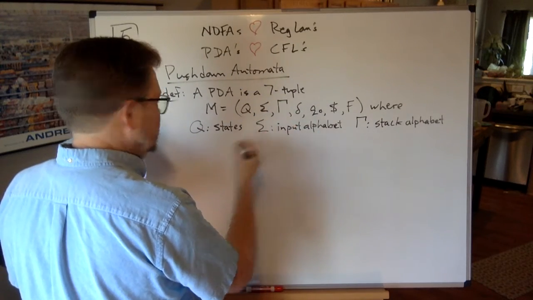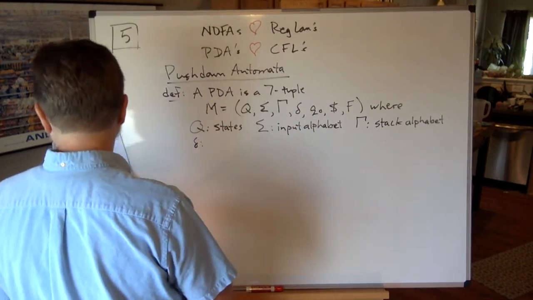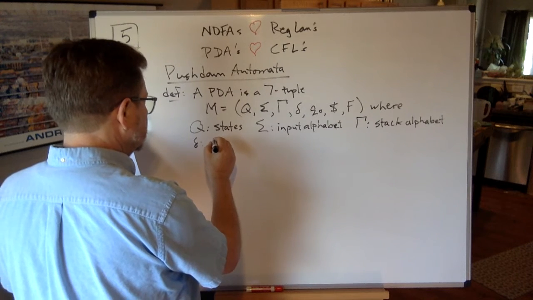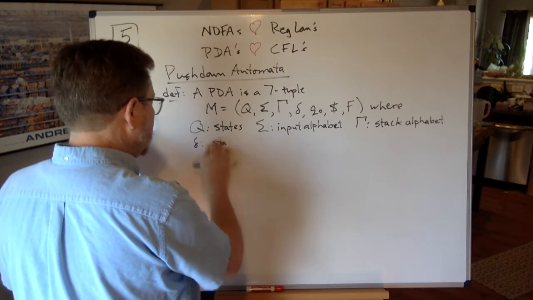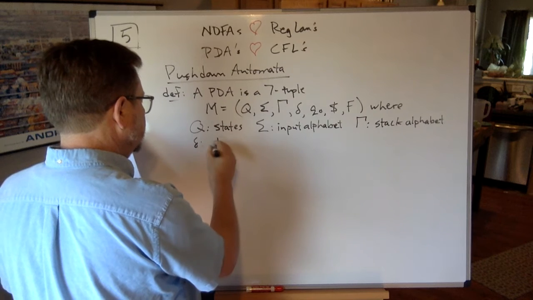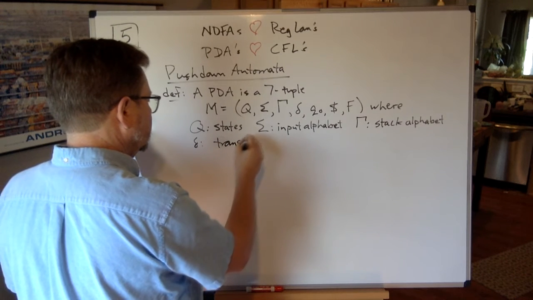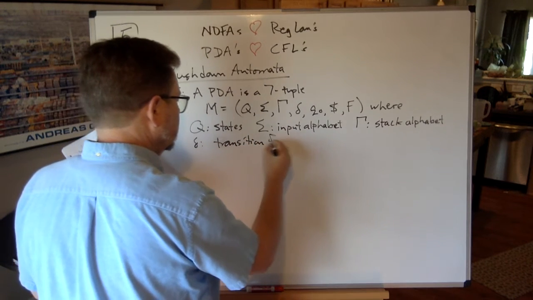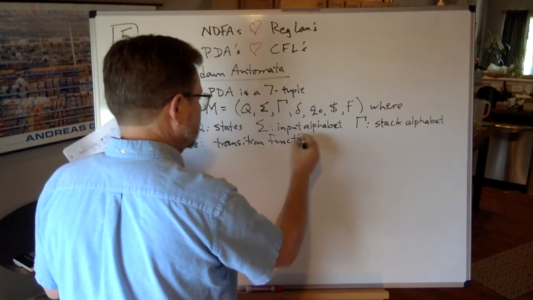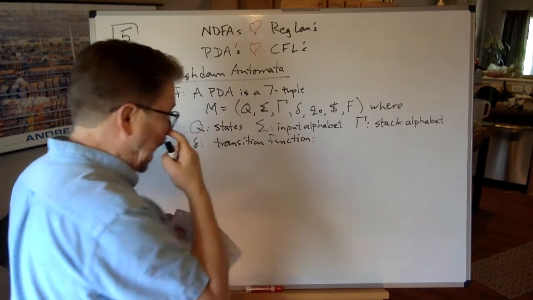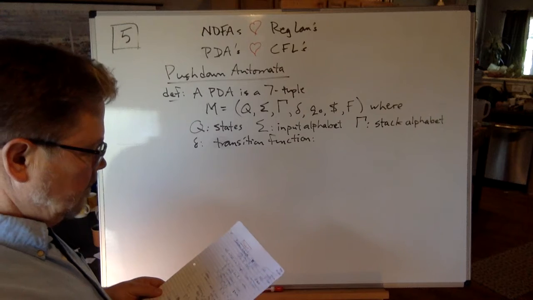Who's next? Little delta. That's our state transition function. I'll just call it the transition function. And if it's a function, it's got to have a domain and a range.